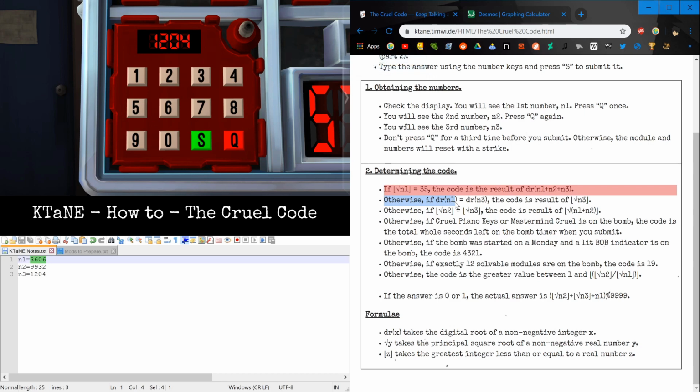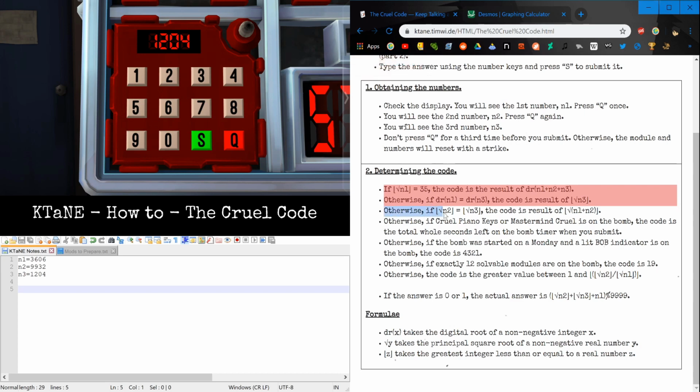Otherwise, if the digital root of N1 equals the digital root of N3, so N1 we have 3606 and N3 1204. The digital root would be 3 plus 6 plus 0 plus 6, which is 15, and the digital root of that is 6. And 1 plus 2 plus 0 plus 4 is 7. So these two are not equal, and we move on.